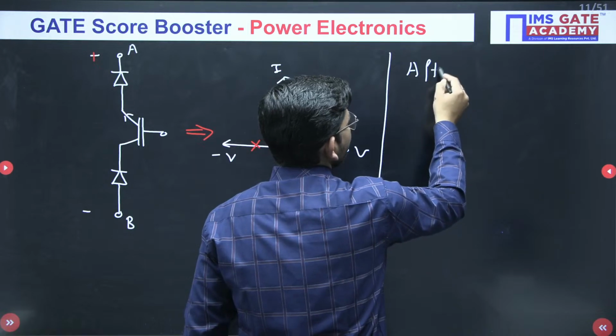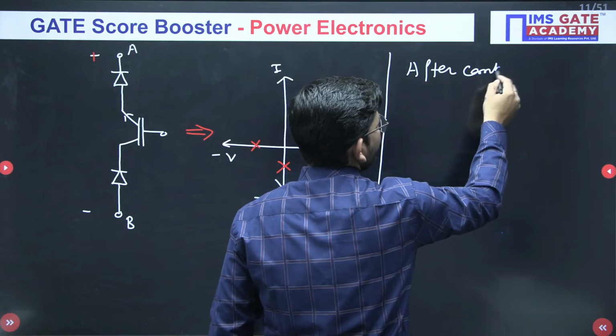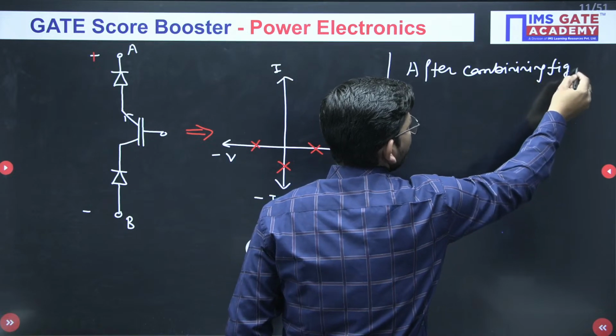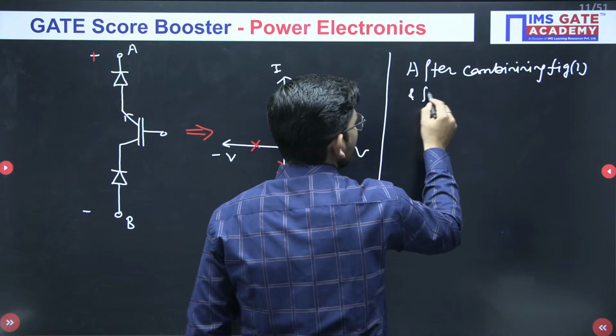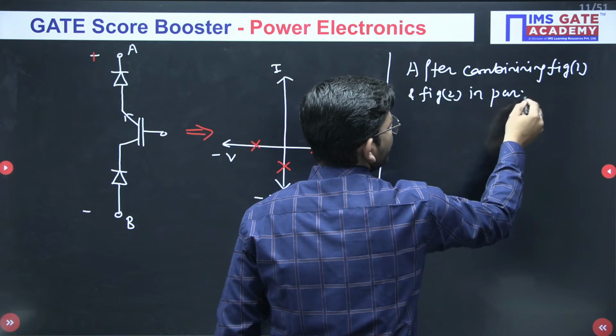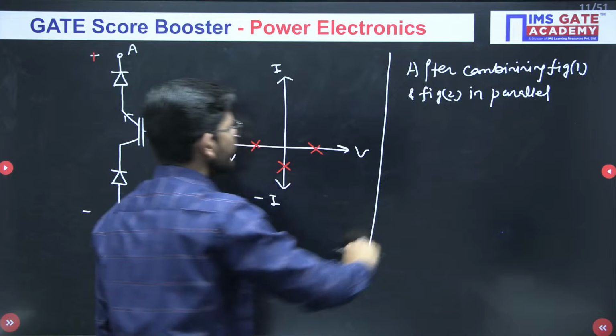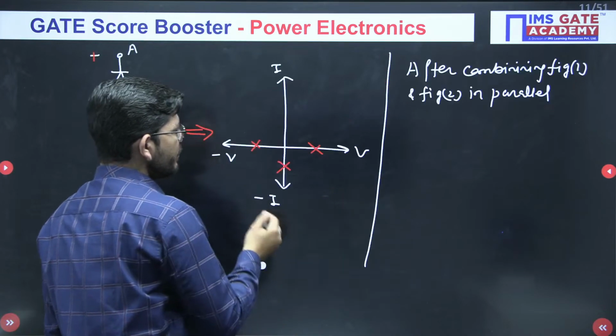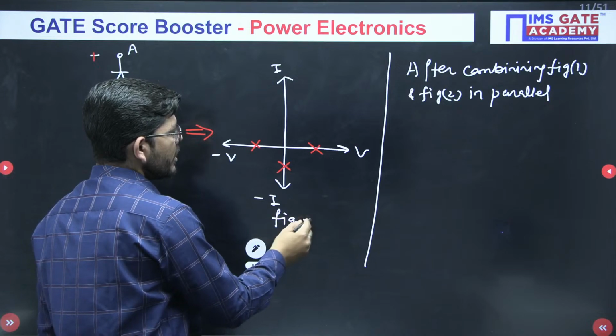So if you combine figure 1 and 2 in parallel, what will happen? Just see, this is figure 1, I am calling this figure 1, and this is figure 2 that you have.